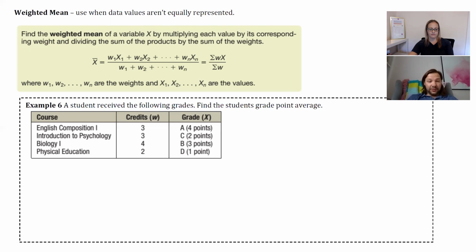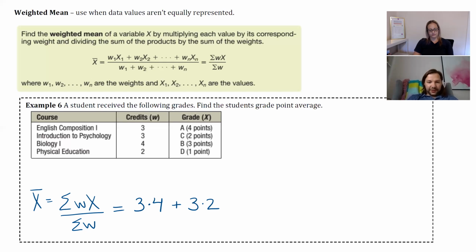What you would do is take W1, which is 3, times 4, because every time you get an A, you get 4 points. So that's 3 times 4, which is 12, plus 3 times 2, which is 6, plus 4 times 3, which is 12, plus 2 times 1, which is 2. I'm not going to try and do that math in my head, but luckily we have that written down.